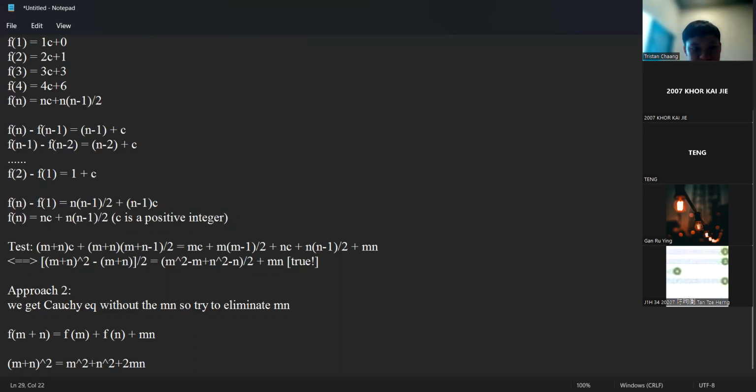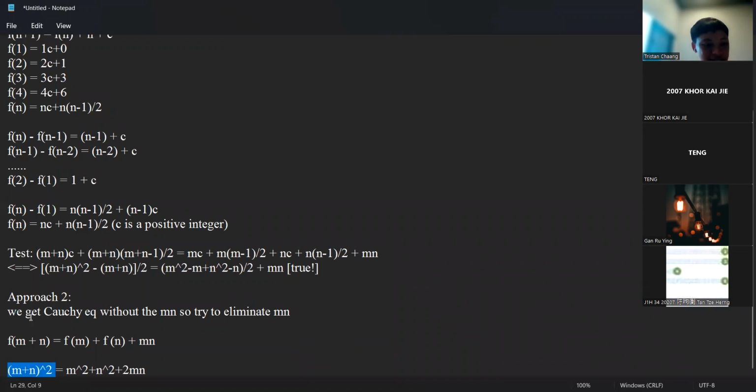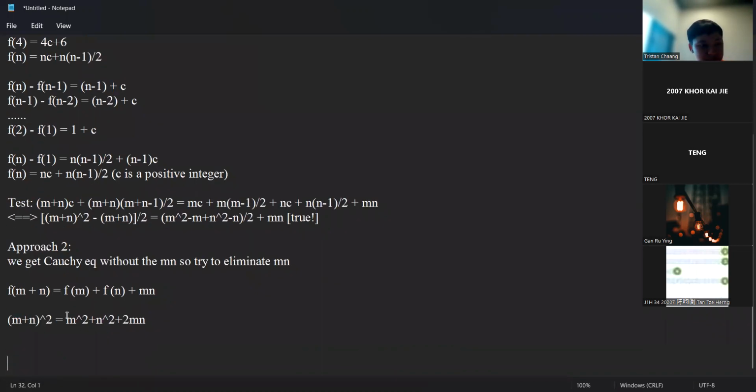So what that tells us is if you subtract on the left-hand side this quantity, you are subtracting this quantity on the right-hand side, and maybe you can cancel off the mn.